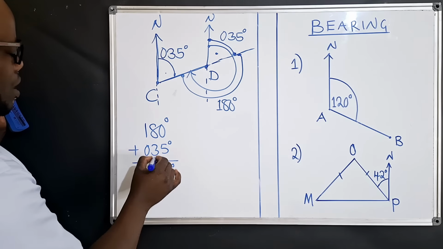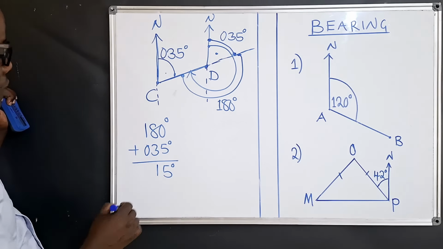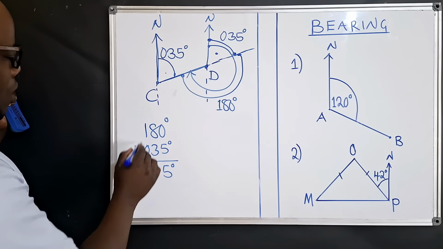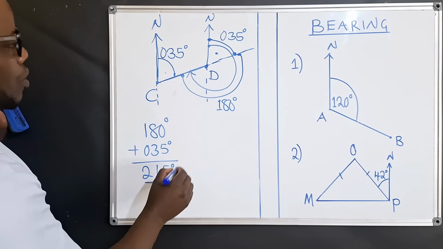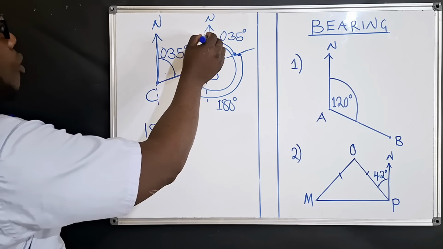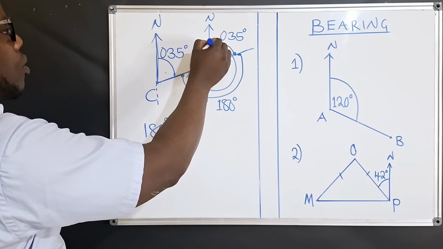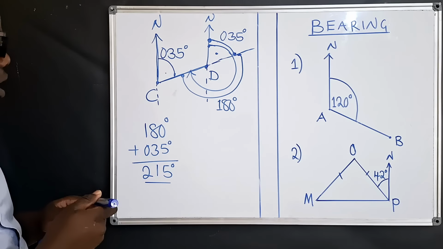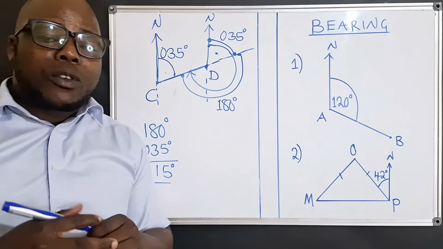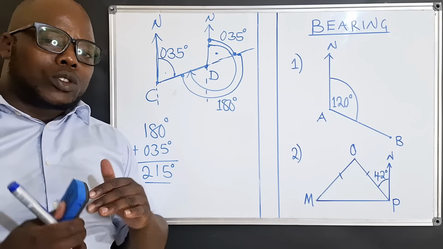We add this, we're getting 11, isn't it? Yes. So this is 1 plus the one that we carried, it's giving us a 2. So the bearing from all the way here, we move all the way up to here, it's 215 degrees. I hope you guys are also following.